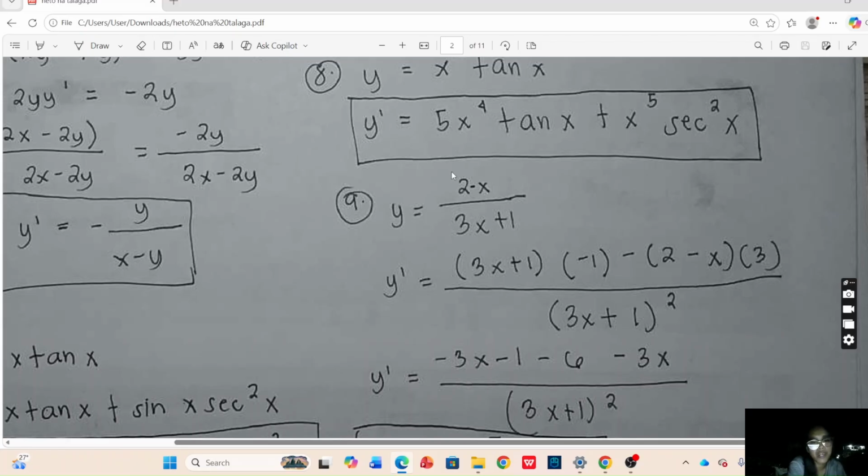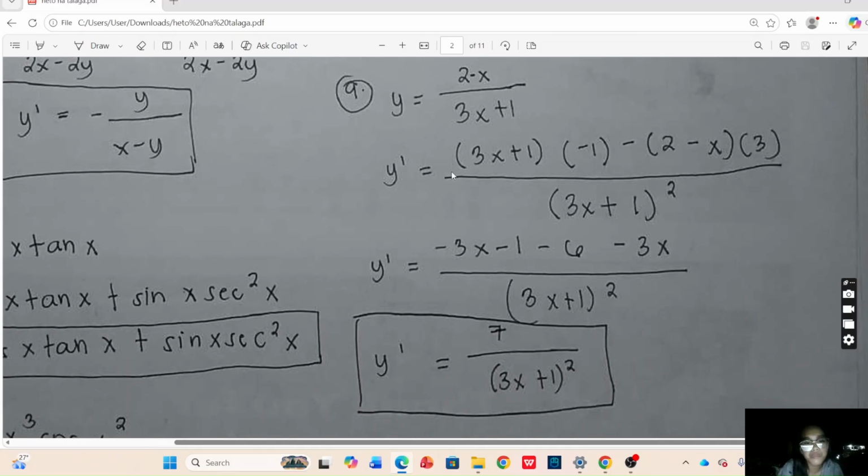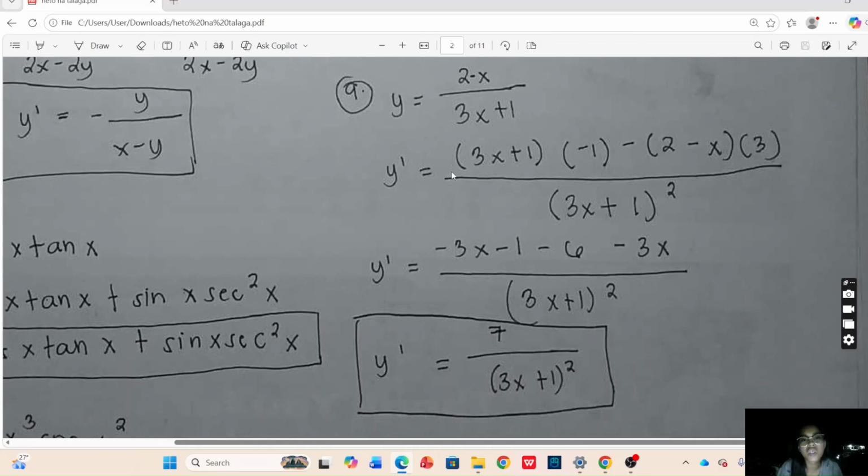Let's have our number 9 problem. The function is 2 minus x over 3x plus 1. We have to apply the quotient rule, and the derivative of the numerator is negative 1, while the derivative of the denominator is 3. So substitute into the quotient rule formula and simplify carefully.